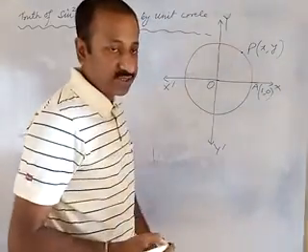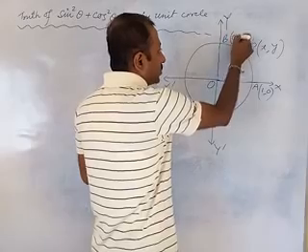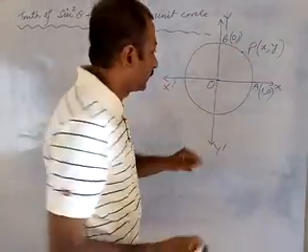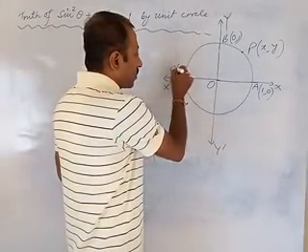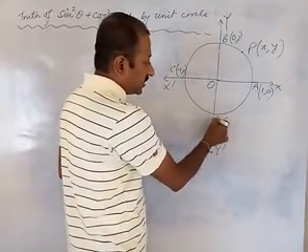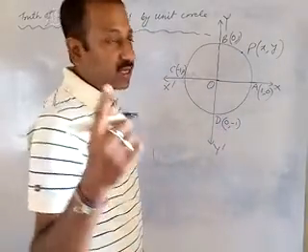It is clear to us. Now if we mark this B, its coordinate will be 0, 1, because this radius is 1. And this is C. What will be the coordinate? This coordinate will be minus 1, 0 obviously. And if it is considered as D, it will be 0, minus 1, because radius is 1 unit.